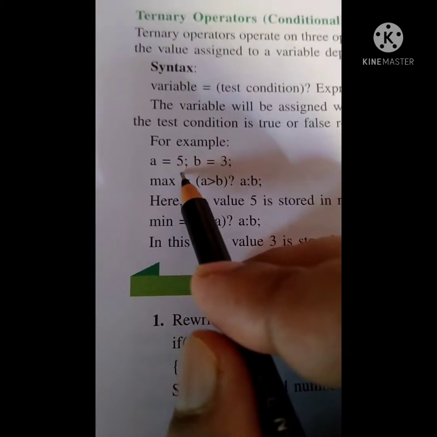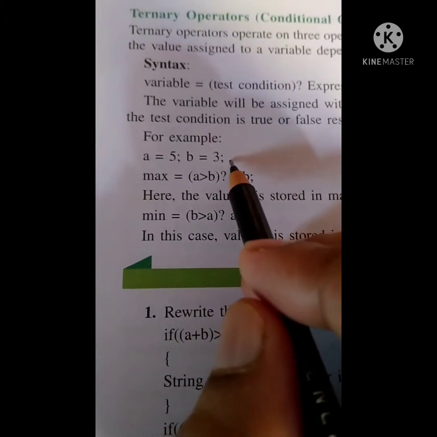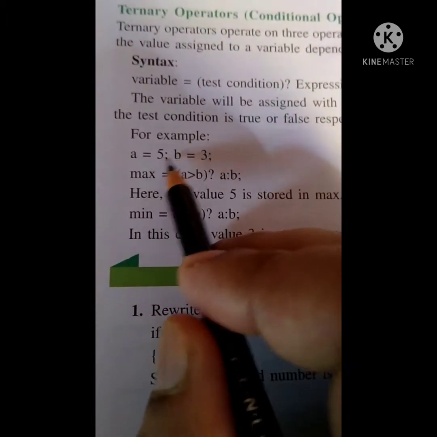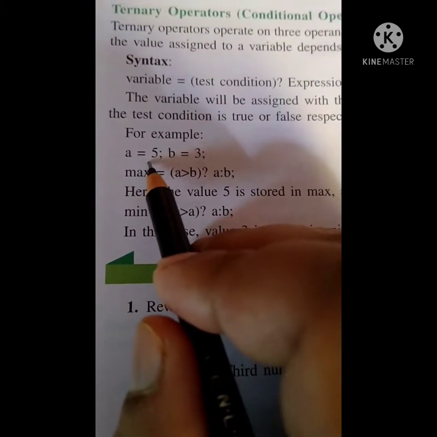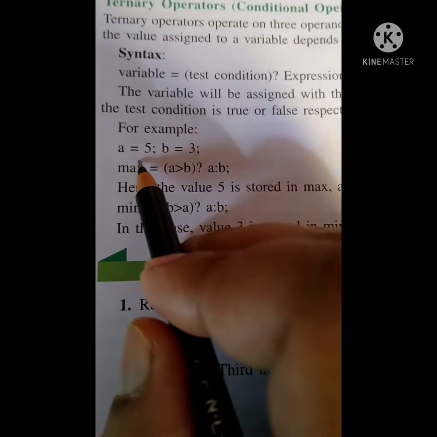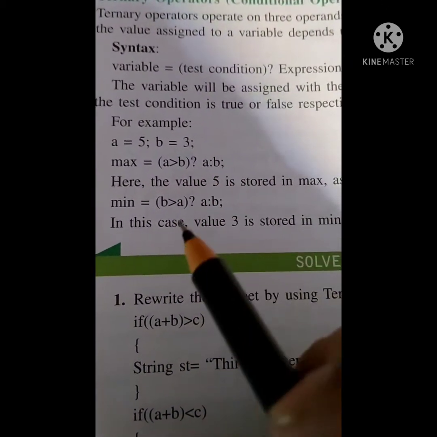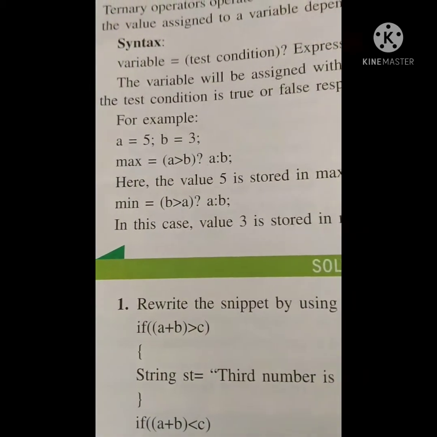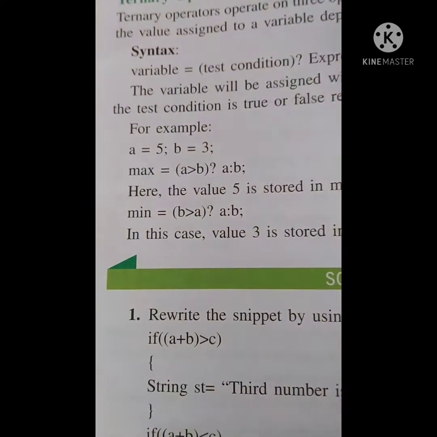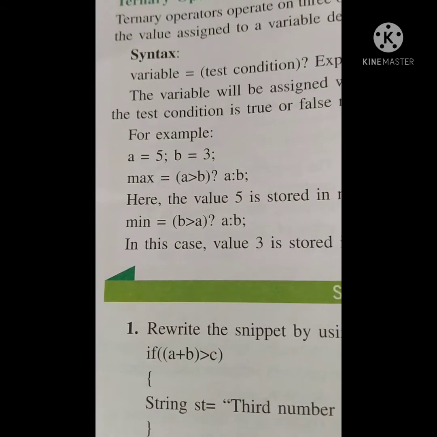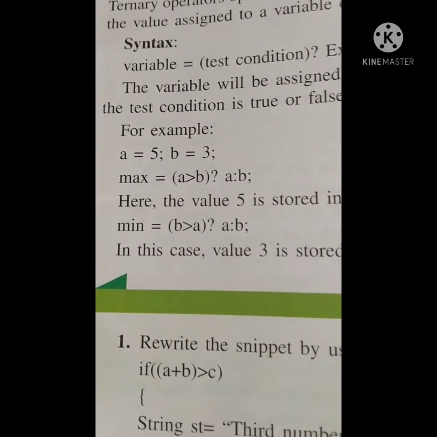Suppose we have a equal to 5 and b equal to 3, and we have to find out which is the max number while two numbers are given. It is clear a is the greatest number, but with the help of a program, how can we evaluate? The computer will tell which is the greatest number between these two numbers.